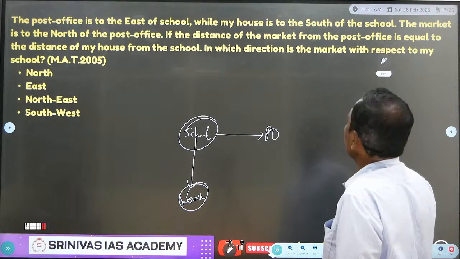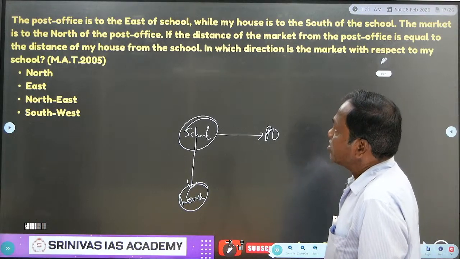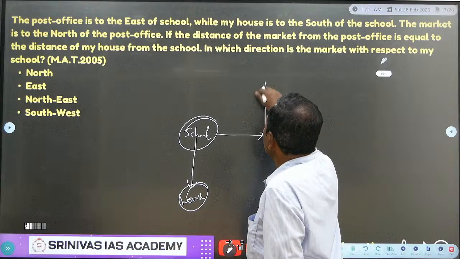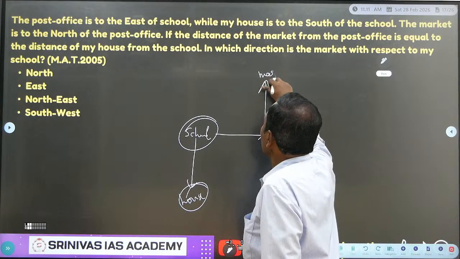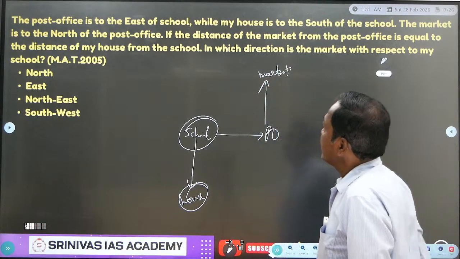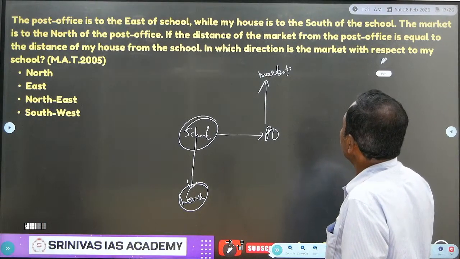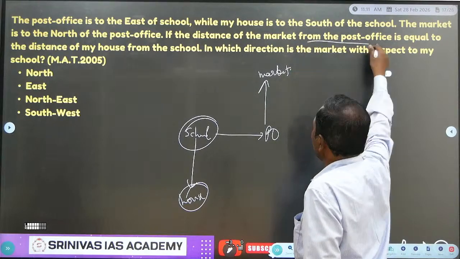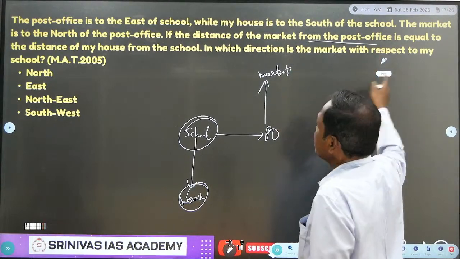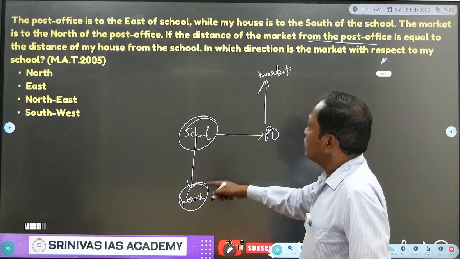The market is to the north of the post office. North of the post office. If the distance of the market from the post office is equal to the distance of my house from the school.